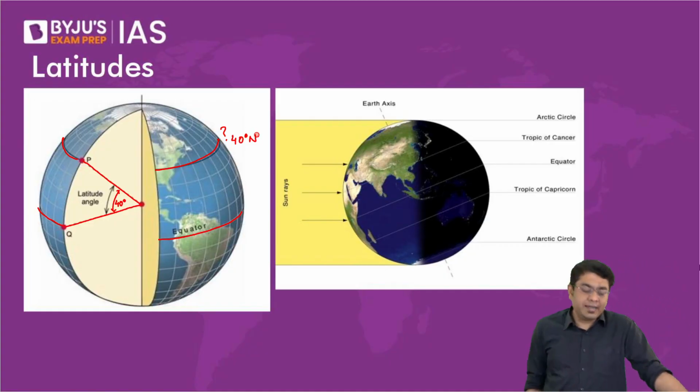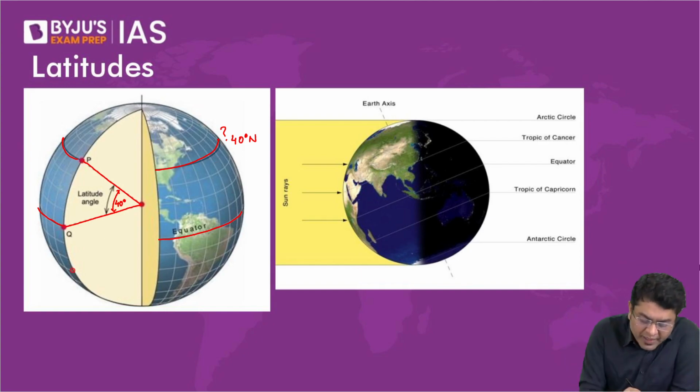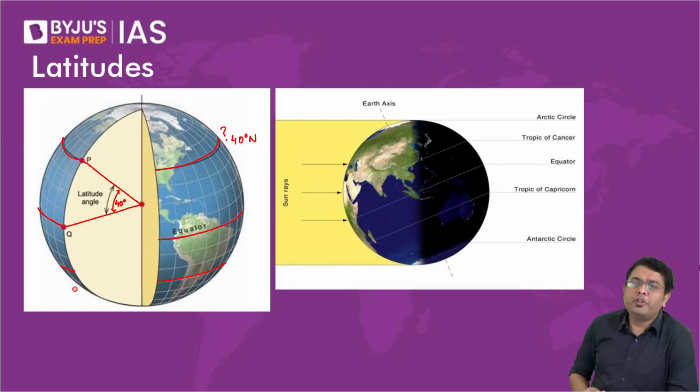Let me take another example. Suppose I want to measure the angle of the latitude here. Again, I will follow the same principle. I will draw an imaginary line from the equator to the center.